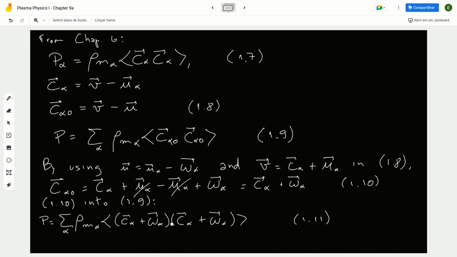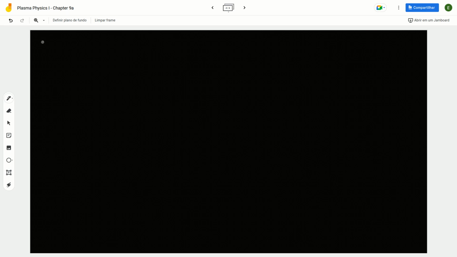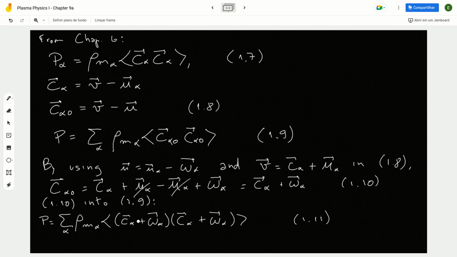Now, what we can do now is apply the distribution in this product operation, and we get P equal to the sum of rho m alpha times, well, we have first CC, then CW, then WC, which is the same as CW, and, well, actually this is a tensor.